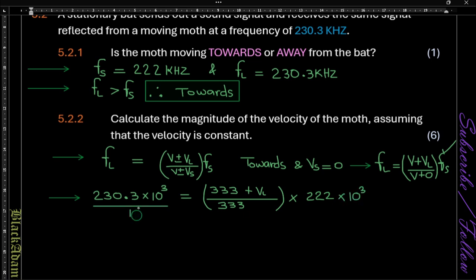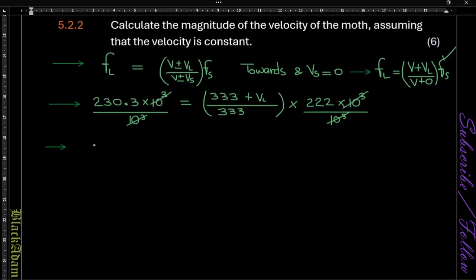We know there's multiplication on both sides, so we divide by 10 to the power 3, and they cancel out. So we have a simplified version: 230.3 multiplied by the denominator 333 equals 222 multiplied by 333 plus vL.